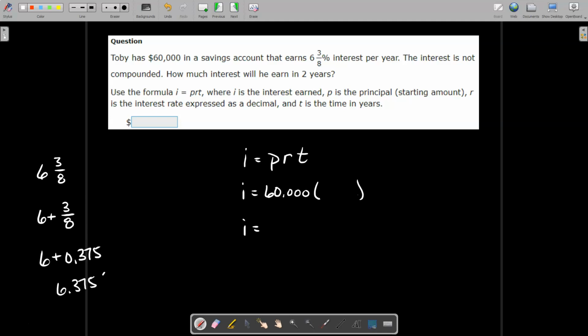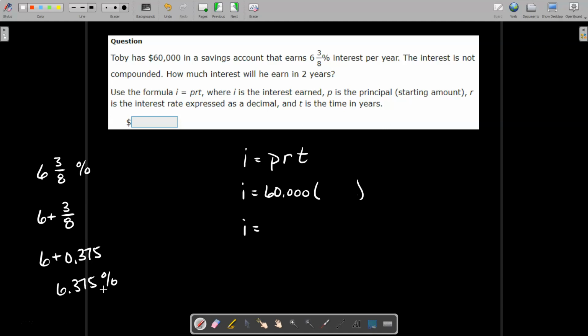0.375. Now remember, this is a percent, so we still have this as a percent. We need to convert this over, because we had 6 3/8%, right? We just changed the 6 3/8 to 6.375.